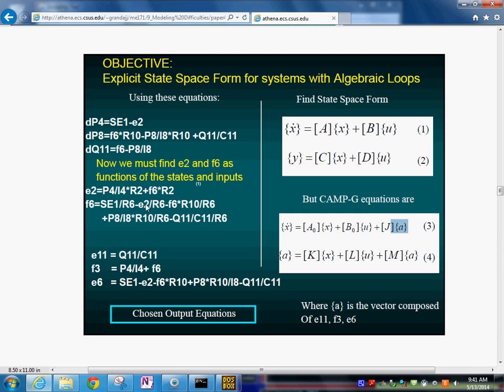So these two equations that you see right there are these equations right here. But you cannot get rid of the variables. You see E2, you see F6 on this. F6 over here, you see E2 over here. So that's what we have in here.